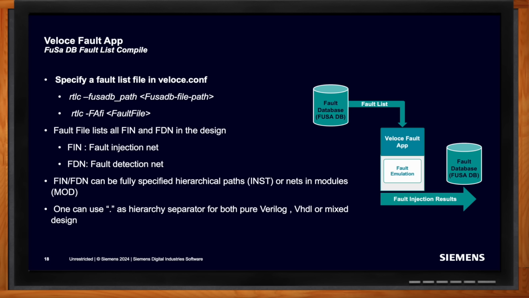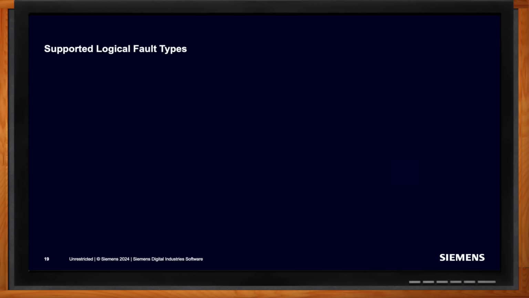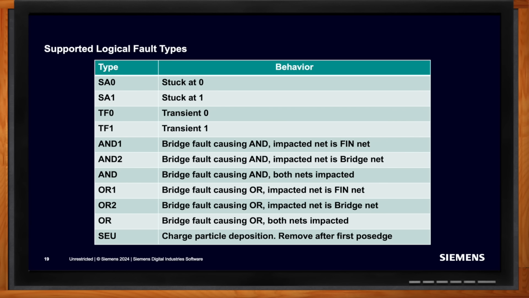So, what kind of logical fault types does this app support? So we support injecting faults in both logic. So that would be your logical types, your sequential type of logic, your clock, and your combinatorial logic. And we also support injecting faults into memory logic. But we support pretty much all of the standard fault models that the industry is using.